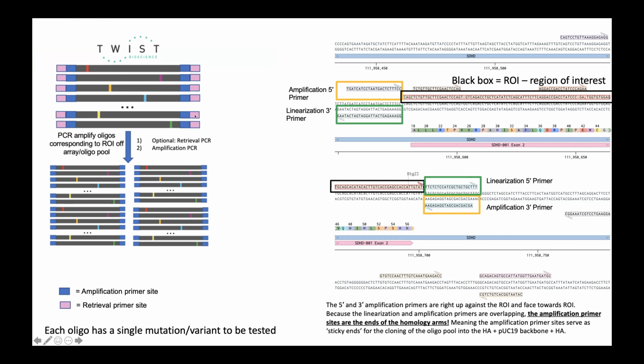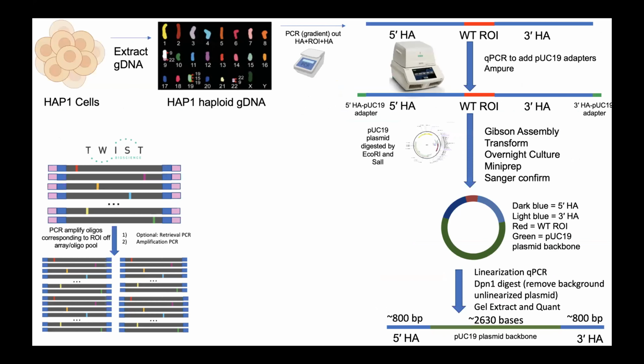And the reason we have these pink primers, the retrieval primers, is that if we order several libraries that are consecutively spaced right next to each other, we don't want the amplification primer to hit in another library that's adjacent to the library of our interest. So first we'll do a retrieval PCR to isolate out the library of interest, and then we'll do the amplification PCR to amplify it. And overall, we then have this library of interest.